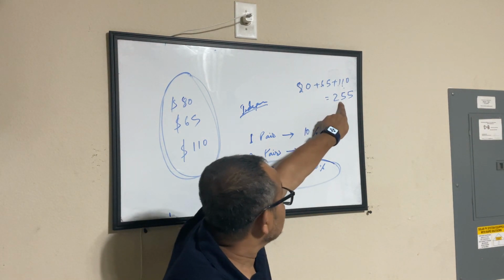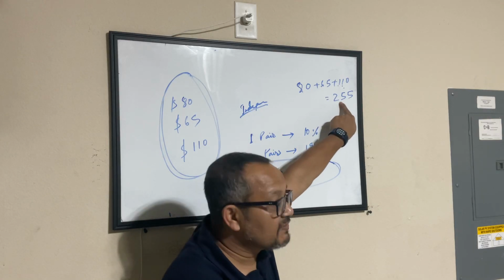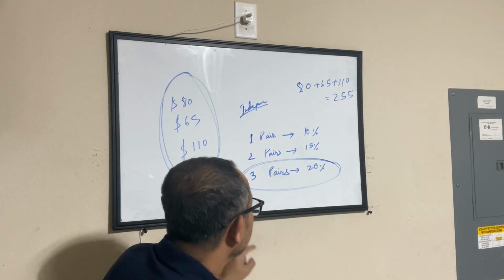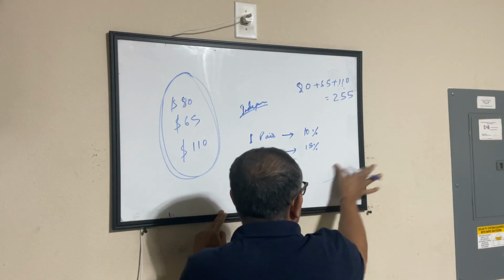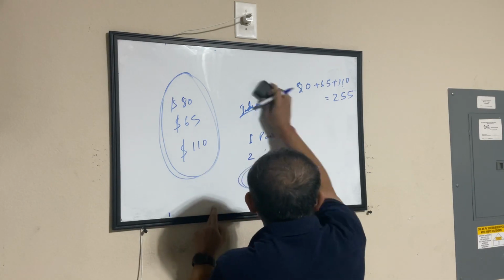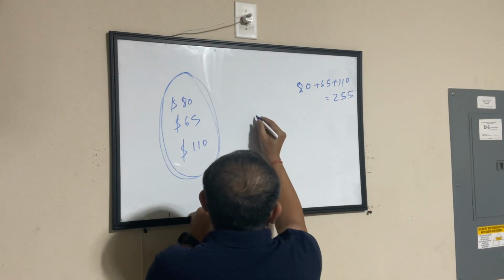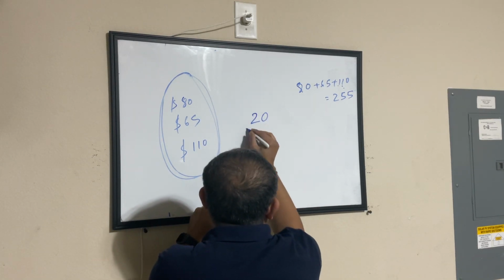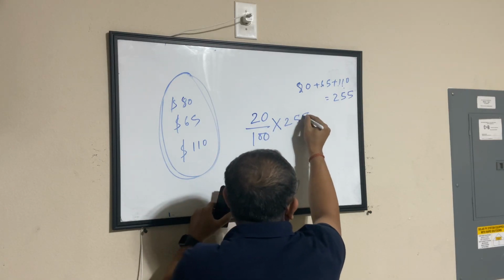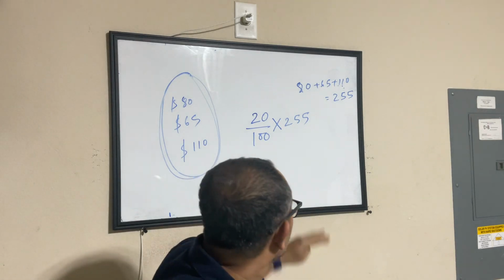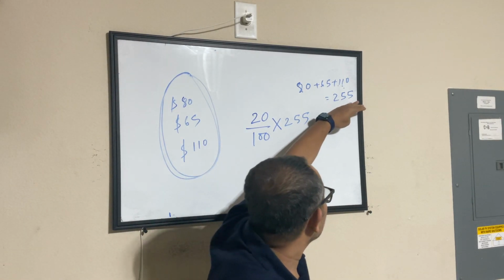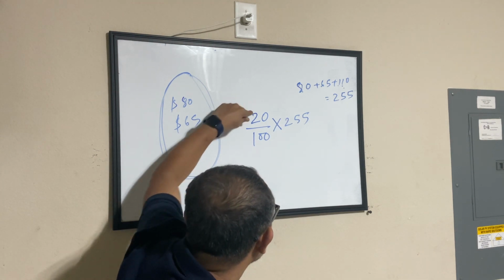Now, this is the total money that I had to pay if there was no discount. Since there is a 20% discount that gets applied, it is 20% off 255. This is how you read this percentage thing. You have to find out 20% of this. I'm just reading that in English: 20%.